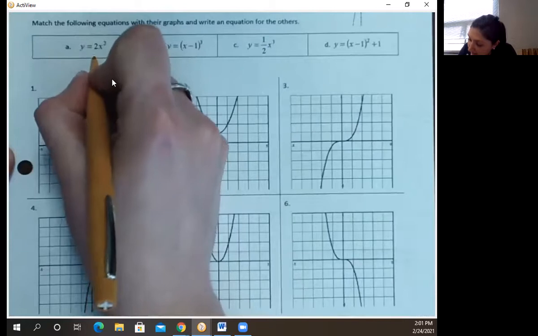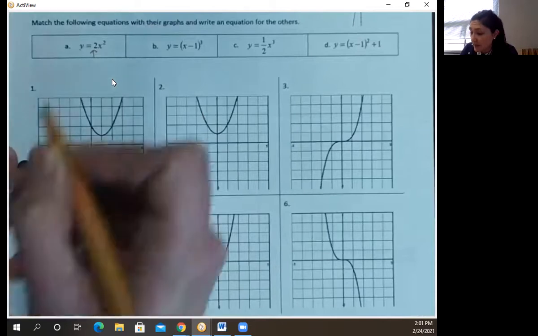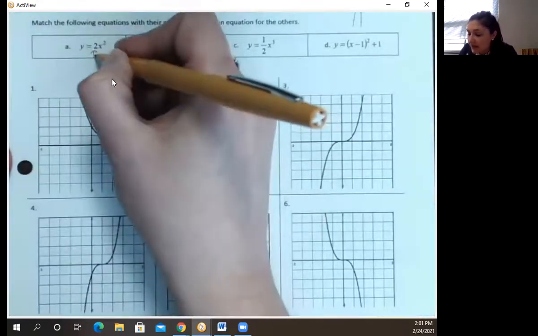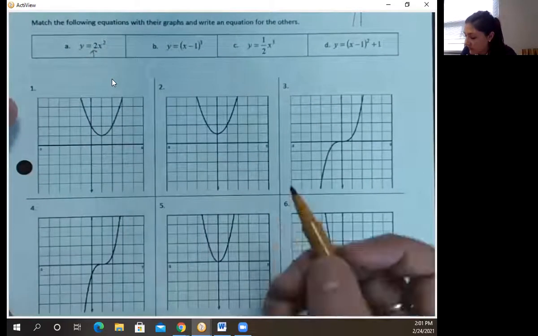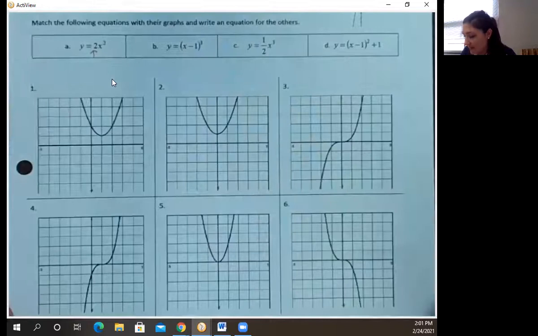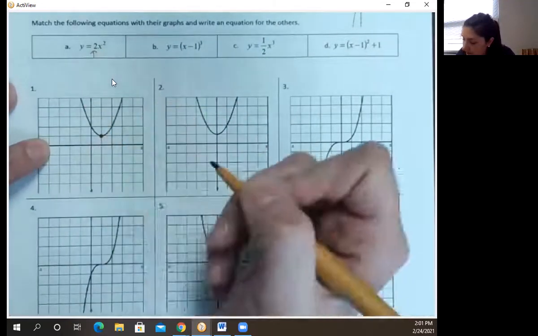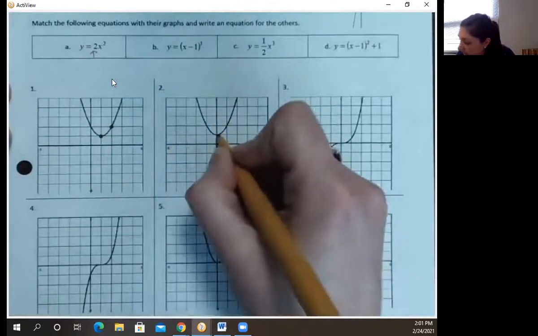Now I see that I've got a 2 in front of my x squared. That means my parent graph will not be shifted left or right because I haven't made any changes to x, but it is going to be stretched taller by a factor of 2. If I look at the parabola graphs, one from the vertex to the next point forward isn't stretched at all.